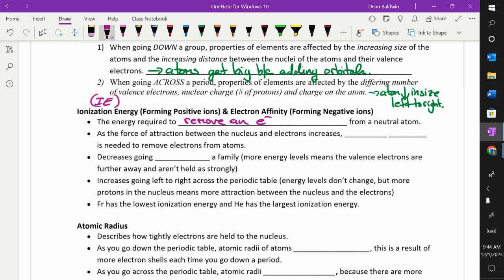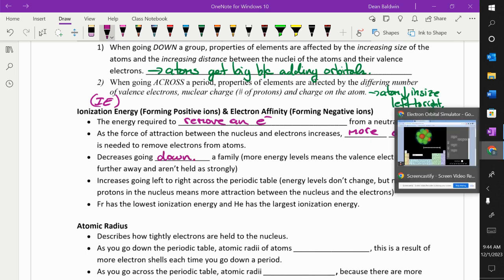I.e., the larger the atom. As the force of attraction between the nucleus and the electrons increases, more energy is needed to remove the electrons. So, the ionization energy decreases going down a family.